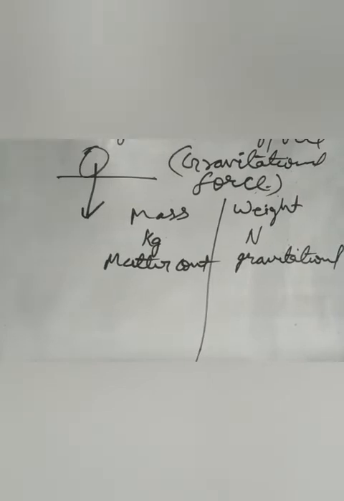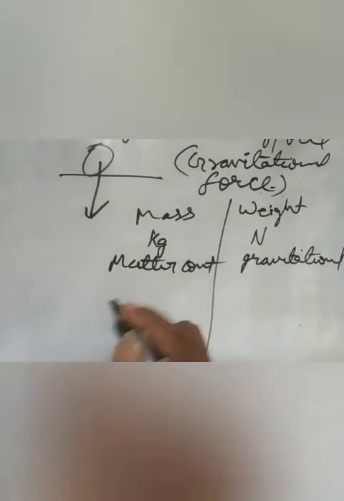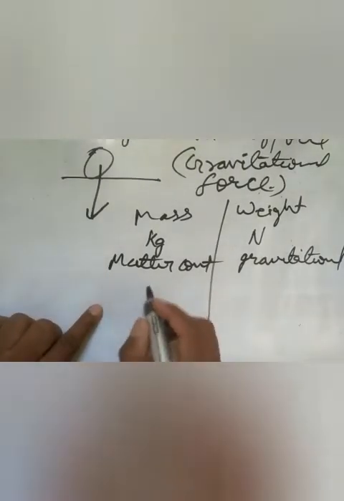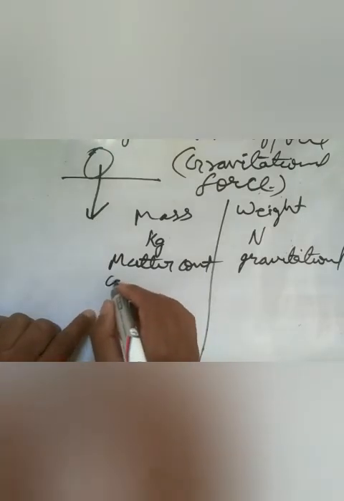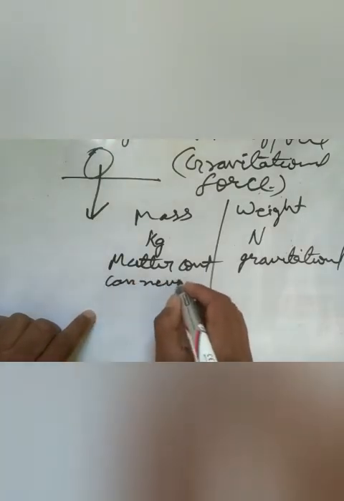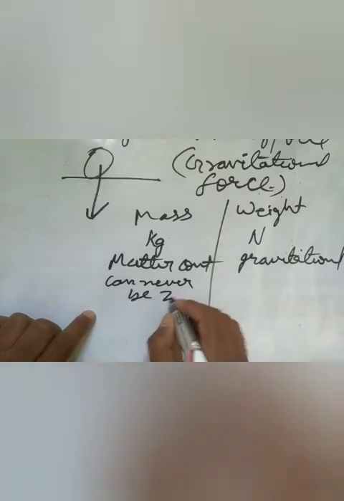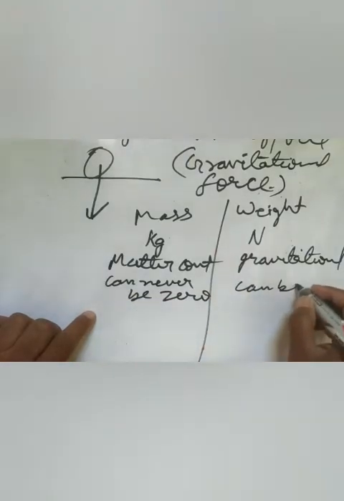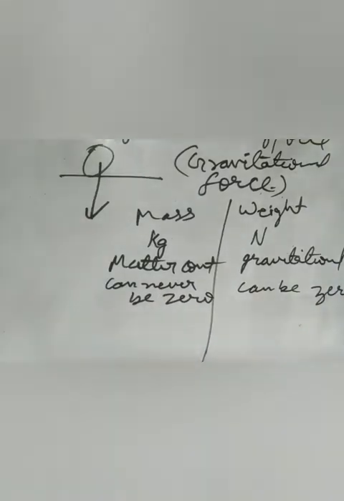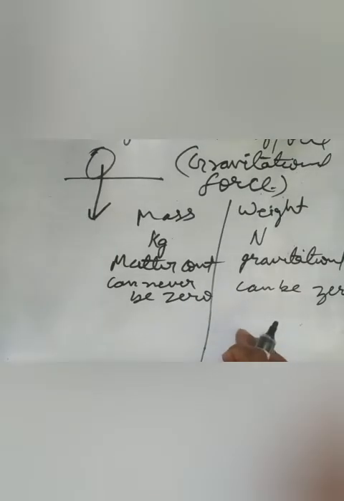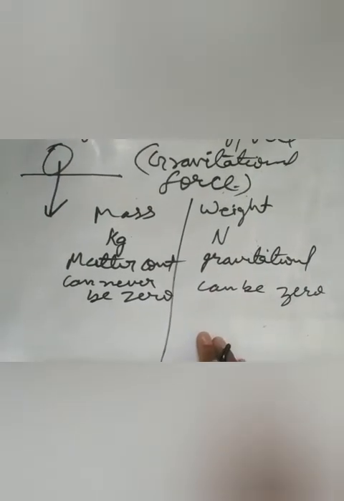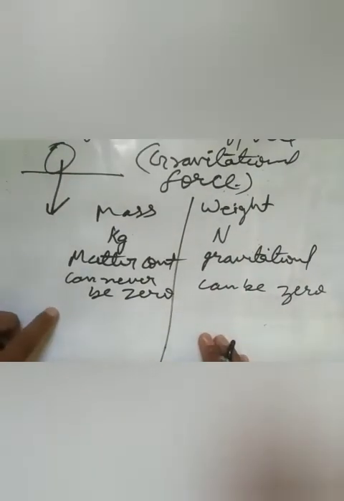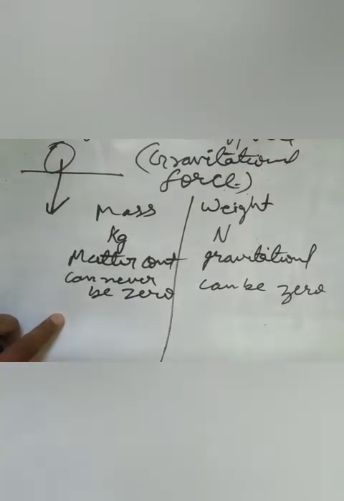These are two things. Okay, I'm writing in short, so don't complain. Next thing, mass of a body can never be zero. Weight can be zero. Suppose you have gone to deep space, there's no planet around you, so you will be feeling weightlessness.